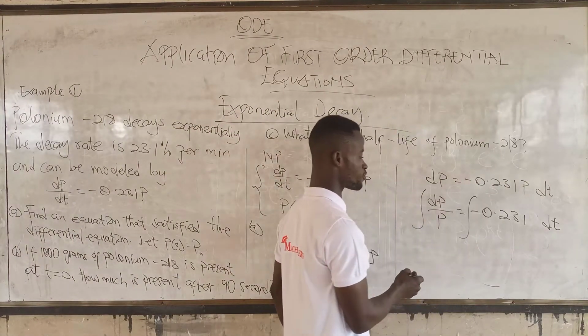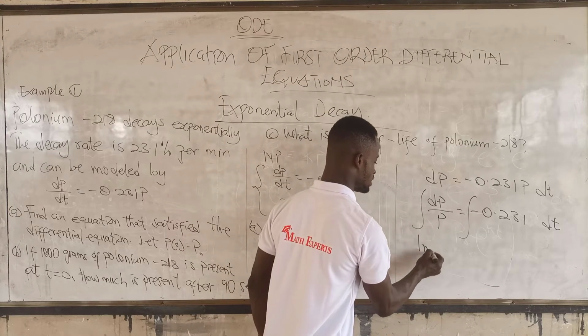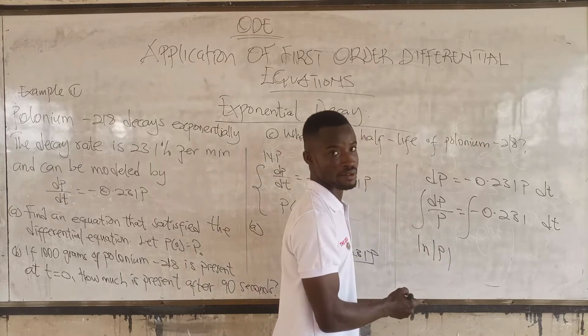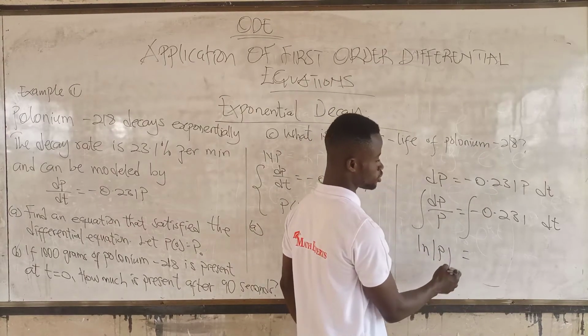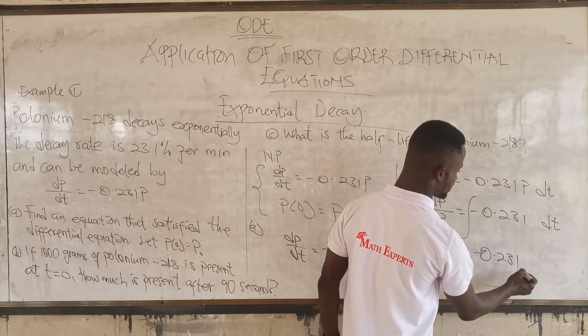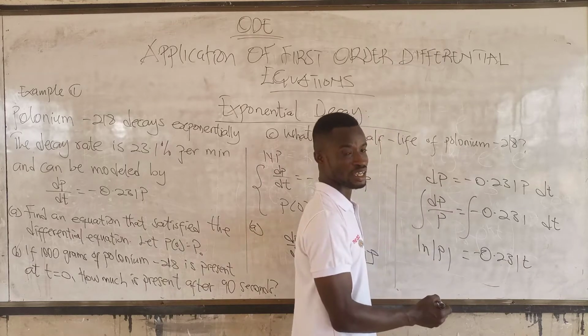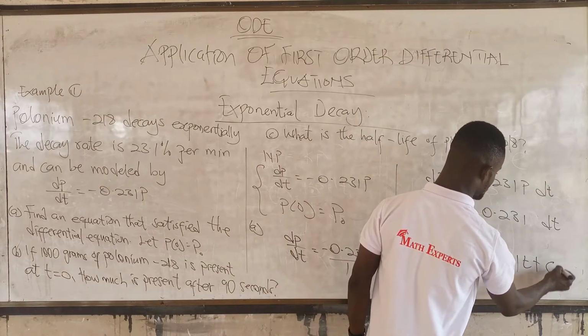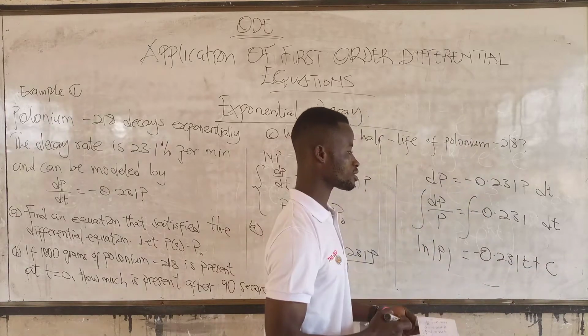So when you integrate both sides, we get ln P equal to negative 0.231 t plus c, because this is the constant.